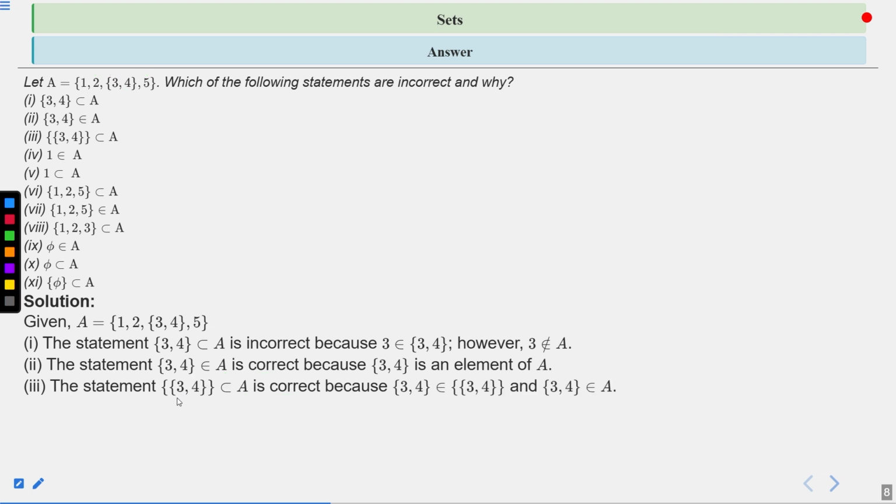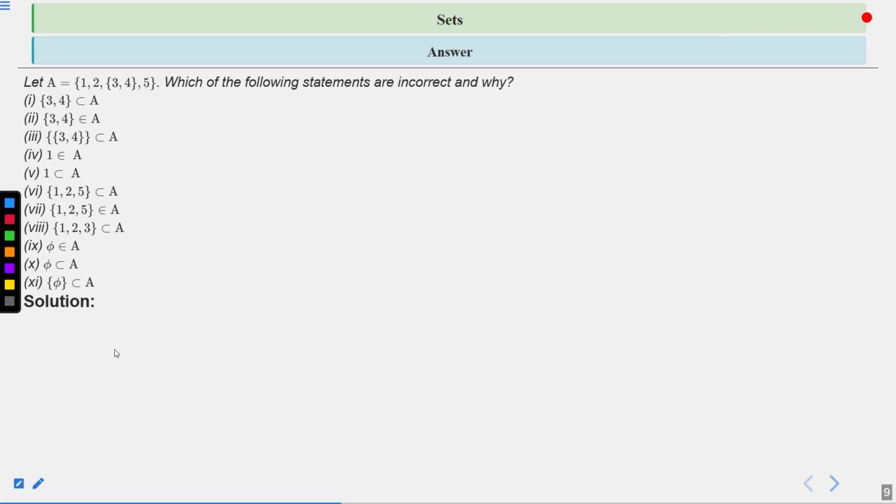Now third, which is also correct, because treating the set {3, 4} as an element, and we know this element belongs to the set A, by definition it is a subset of A. So correct. Clear? Now for fourth, 1 belongs to A. Yes, 1 belongs to A. So this statement is also correct.